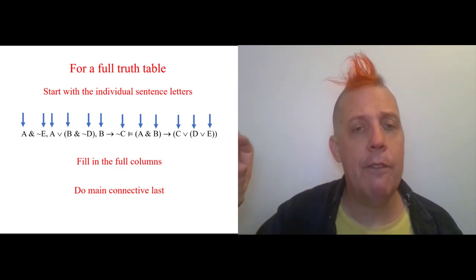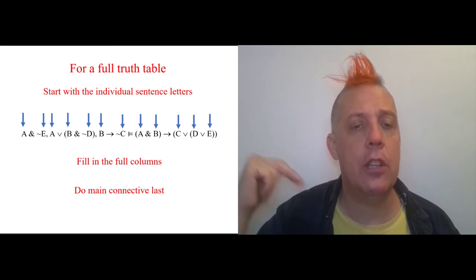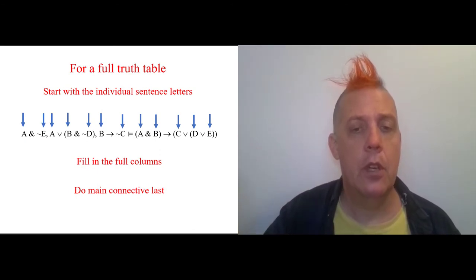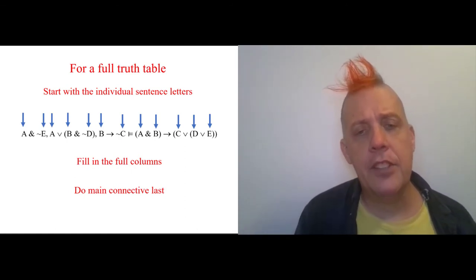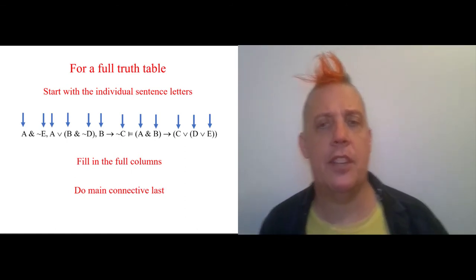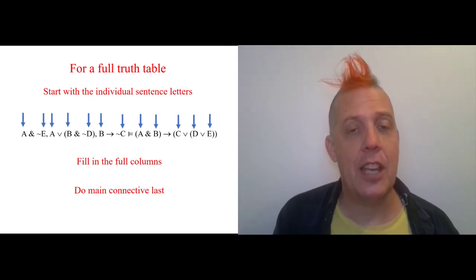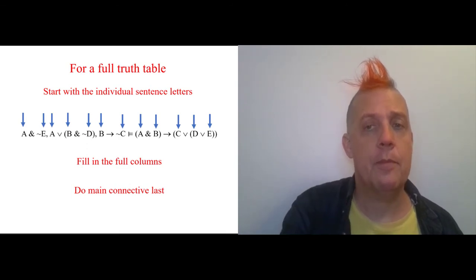And once we have the main connective, then we could find the lines where the premises are true and the conclusion false. But like I said, I want to shortcut this process and just find the one line that happens to exist in this case that shows the argument invalid.